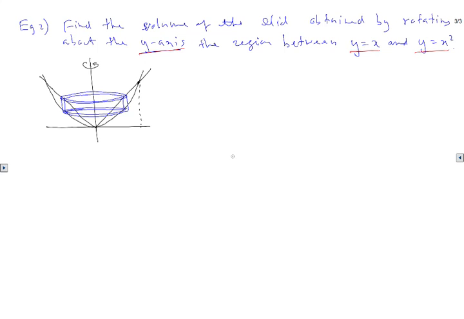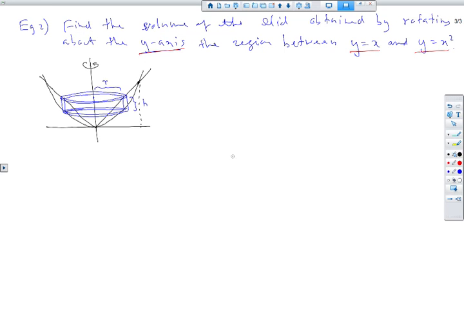This is how it looks. So what you need is the shell height h and the shell radius. For the intersection point, we can set them equal.